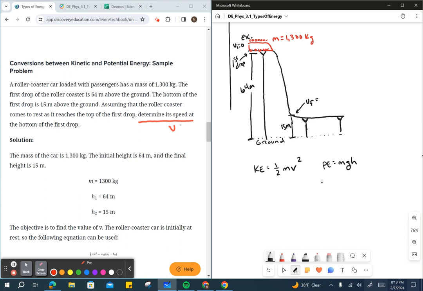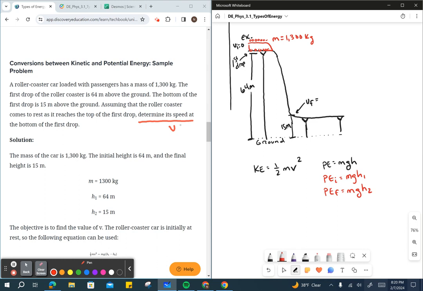Okay, so let's just put this here. We're going to say that potential energy initial, or potential energy 1, is going to be the mass times the gravity times h1. The potential energy final is going to be the mass times the gravity times the height 2.